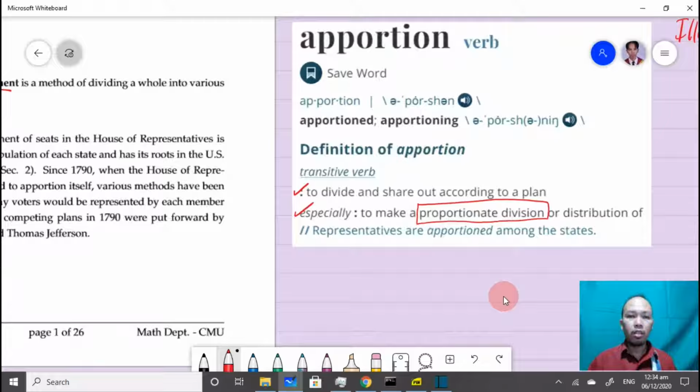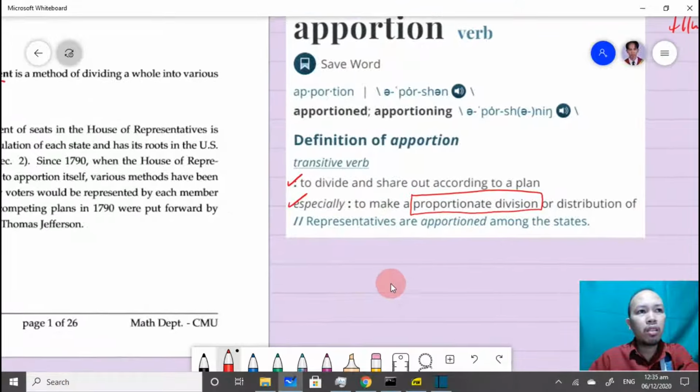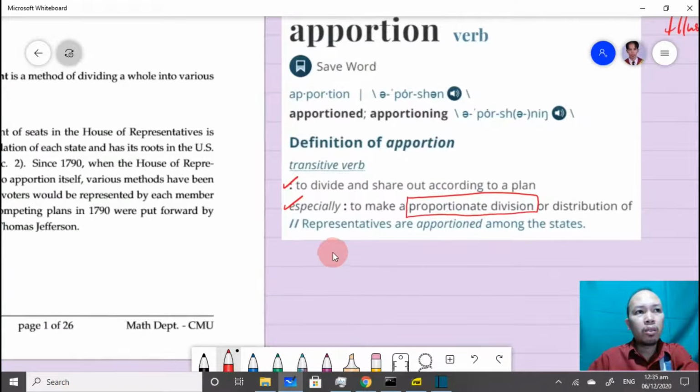If you are going to distribute 500 laptops to those 4 schools, maybe you would think that 500 should be divided by 4, right? Is that a proper method of dividing a whole into various parts? Is that a correct one?